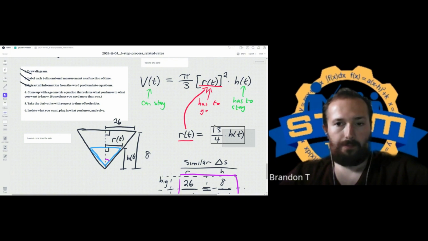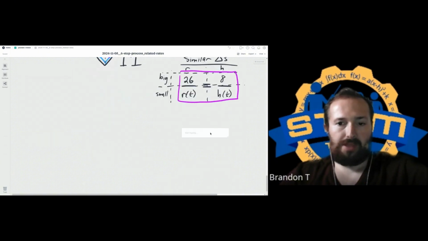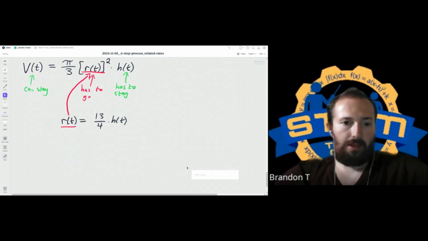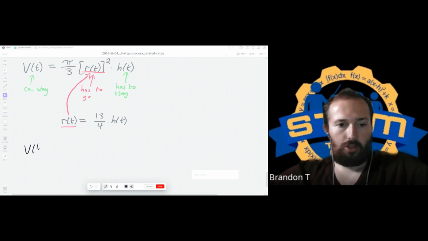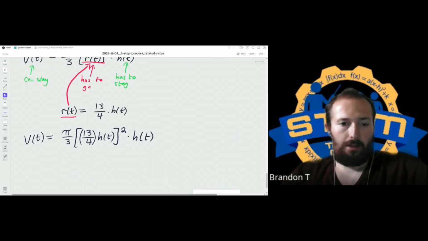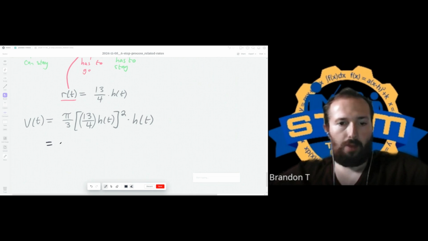So now every time we see R of T in the original equation, we can substitute that. Things are getting crowded here, so I'm going to pull this down and actually do that. If I make that substitution, my new equation becomes V of T equals pi over 3, times 13 over 4 H of T, the whole thing squared, times H of T. Then if I simplify this algebraically, I'll leave the constants here: pi over 3 is one constant, and then 13 over 4, the whole thing squared.